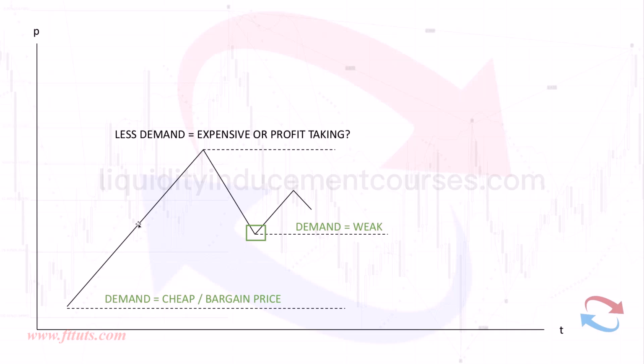So again, if we look at the logic from the opposite side, if prices didn't make a new high, let's say for example there was buying here and we got a bit of buying, but then we couldn't get a new high, then this automatically tells you that demand is weak, right?